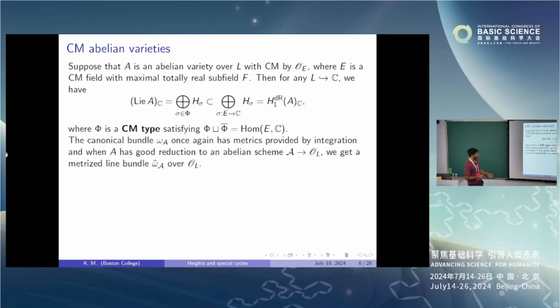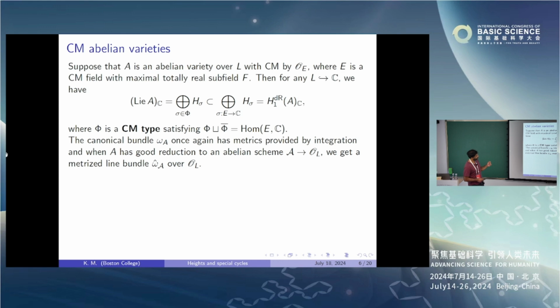Once again, its canonical bundle, which is now the bundle of top degree algebraic forms on A, is equipped with a metric, again provided by integration: you integrate against its conjugate. When A has good reduction, which is always the case up to extending L to a finite extension, if you have a CM abelian variety, then it always has good reduction over some finite extension.